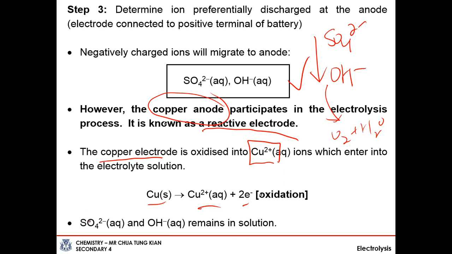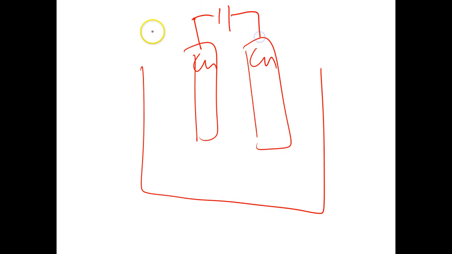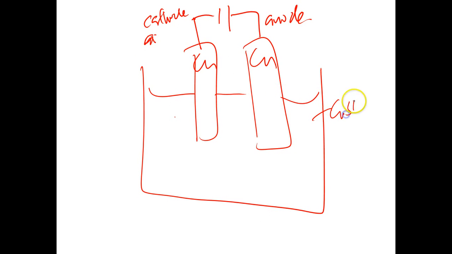So if you think about this, what actually happens? If I have this solution here now, I have copper here. This is the cathode. This is the anode. Cations are attracted to the cathode. The solution here is CuSO4(aq).